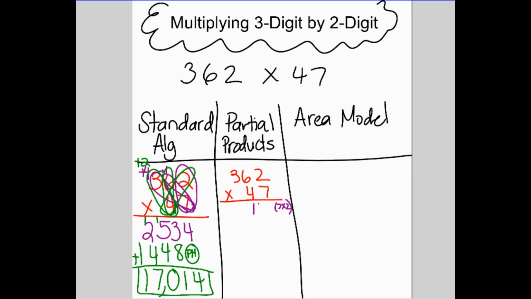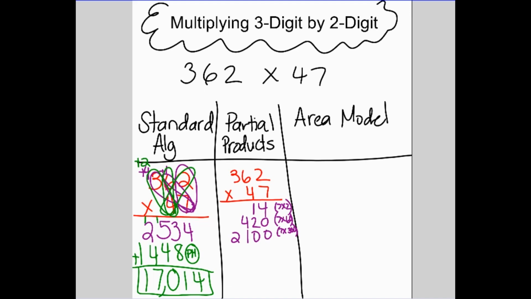That's going to be 14. Then I have 7 times 60. That is going to be 42 with a 0 attached. Then I do 7 times 300. That is going to be 21 with 2 zeros attached.